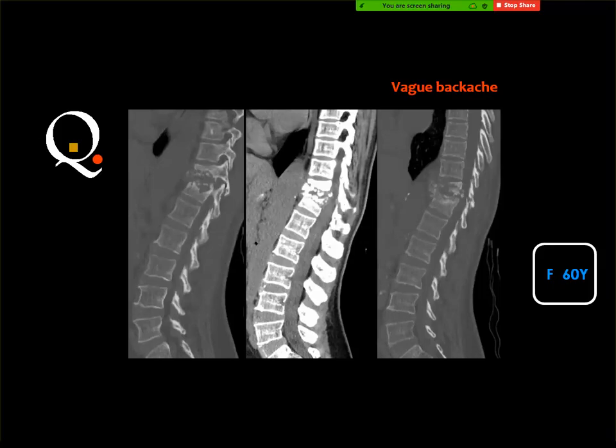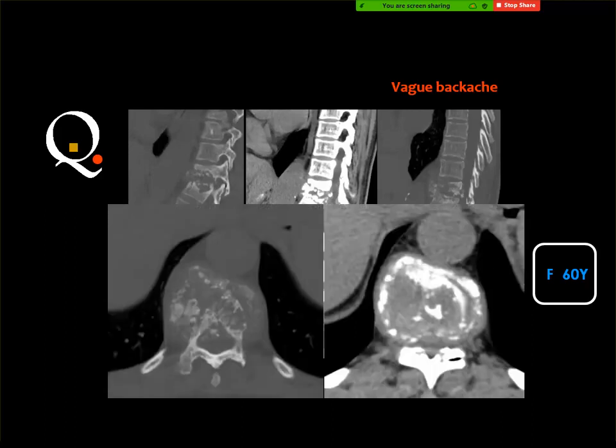TB. Yes. And the essential finding for the diagnosis of spinal infection is involvement of the disc. And here you can see that there is affection of the disc with extensive erosive changes in the vertebral bodies.